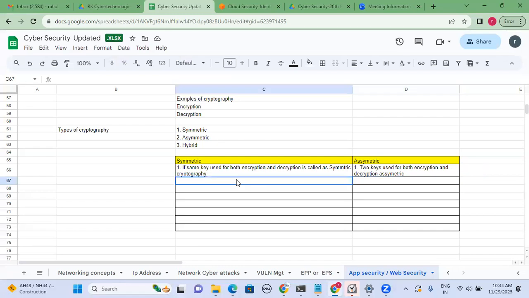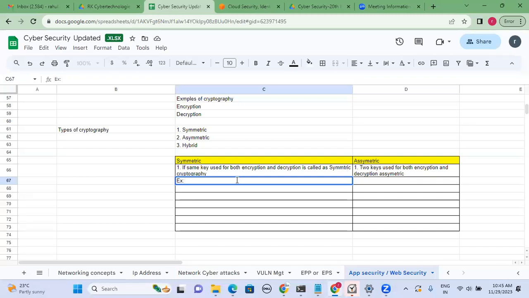Now, a practical example of symmetric cryptography. Can you give any practical example, technical and personal oriented as well? On the technical side, yesterday we were discussing disk encryption or database encryption.